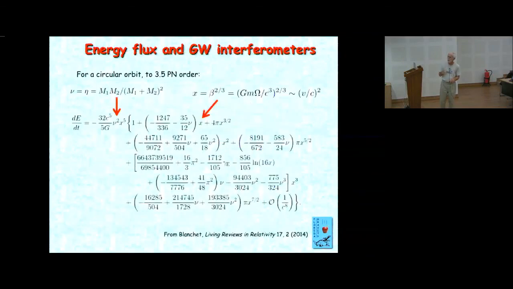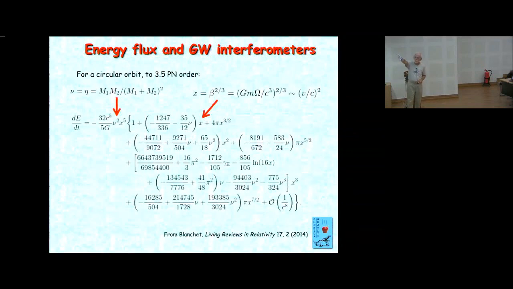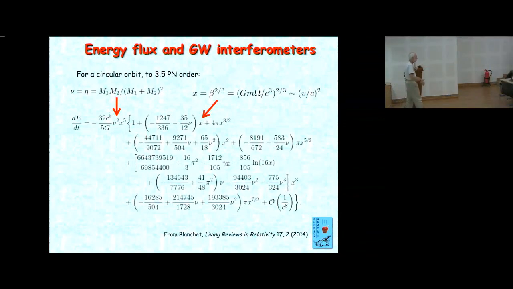This formula from Luc Blanchet has no spins at all. But if you include spins, there are additional terms at 3/2 post-Newtonian order involving spin-orbit coupling, the spins dotted into the angular momentum vector. There are terms at spin squared, spin 1 dot spin 2, and so on, and even higher order spin terms that really affect the evolution of the orbital angular momentum.